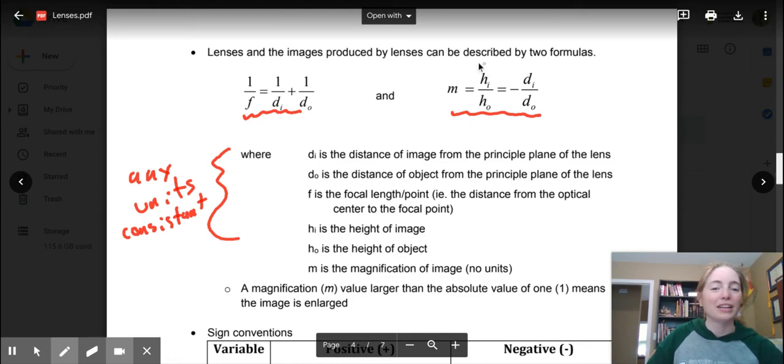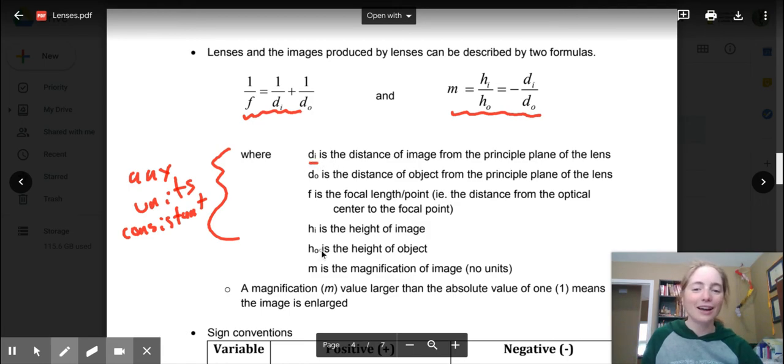So any 2 halves you need. So you could pick magnification is equal to the height of the image over the height of the object. You can have height of image over height of object equals the negative distance of the image over the distance of the object, or m is equal to negative di over do. So pick any 2 bits that you need. You don't have to use all of it. This one, you need to use all of it.